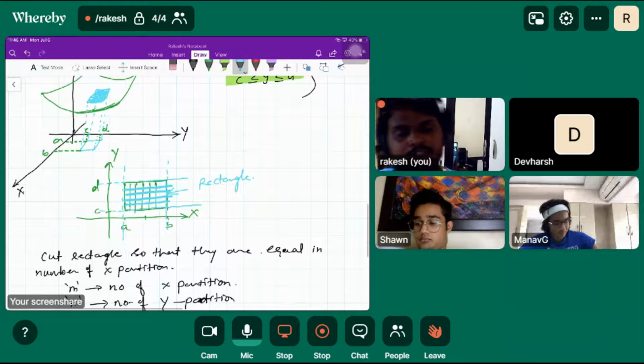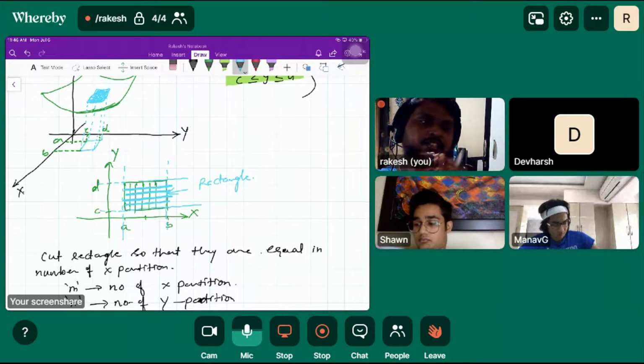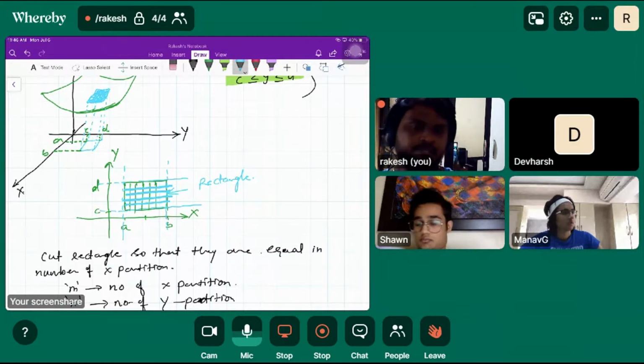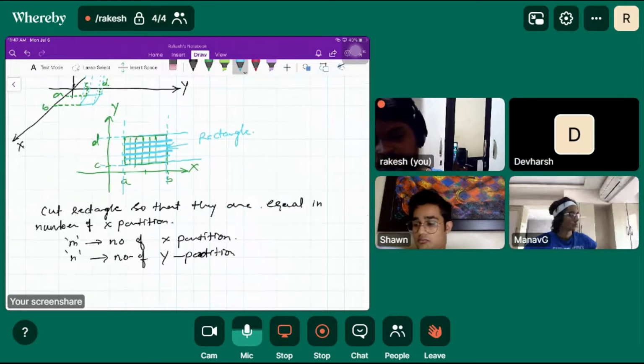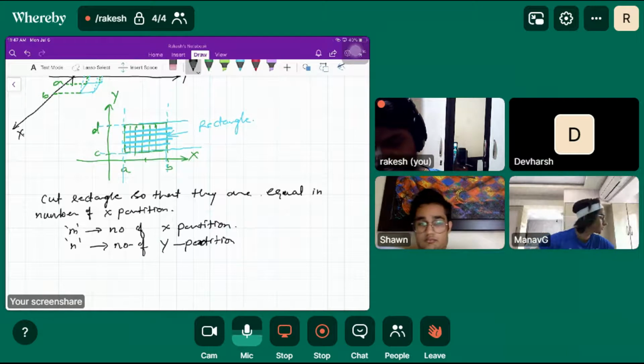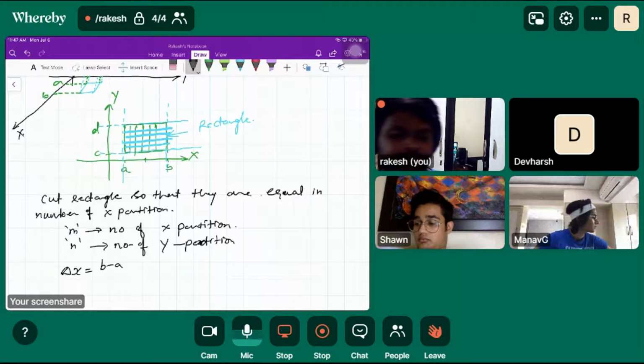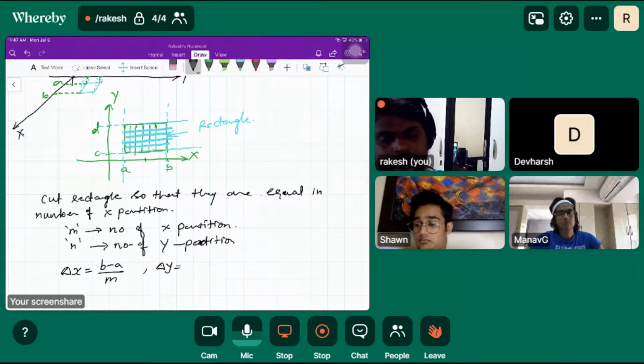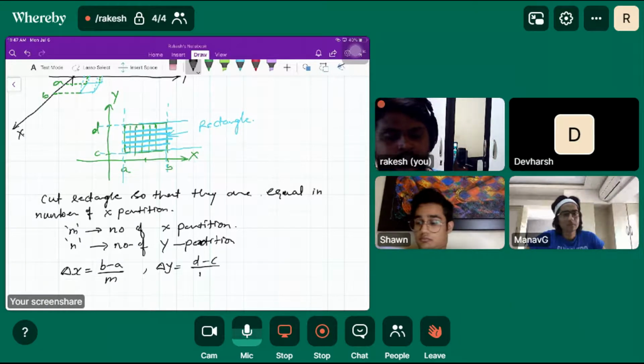These rectangles will have equal area. What is the area in that case? First of all, let me write it for m partitions. Delta x is equal to b minus a upon m, and delta y is equal to d minus c upon n.